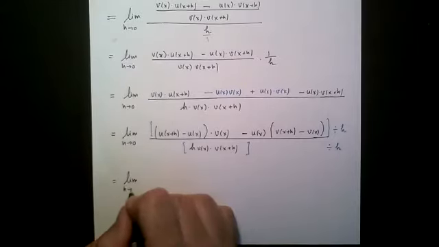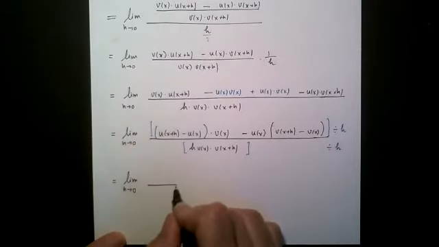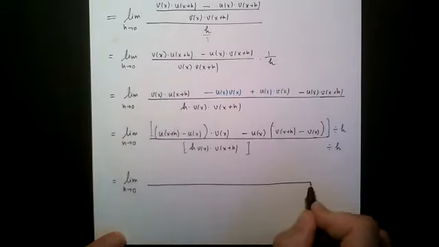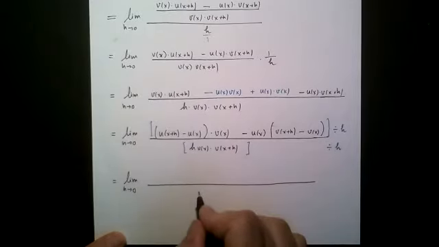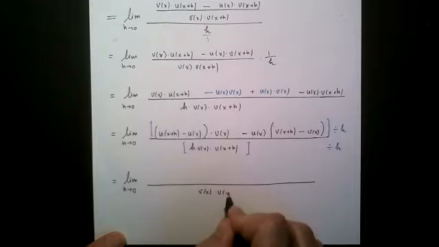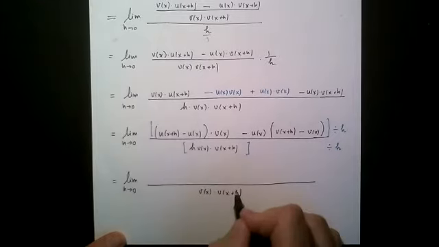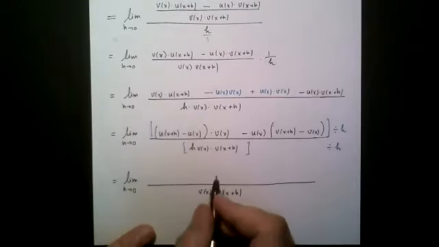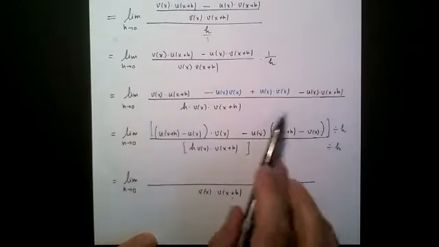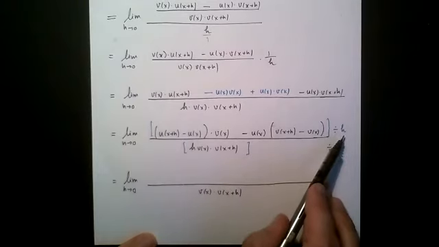the limit as h approaches 0, and here it goes. The bottom is easy. If I divide by h, the h is cancelled, and what's left of the denominator is v of x times v of x plus h. On the numerator, I have two big terms, and each of these terms I will divide by h.